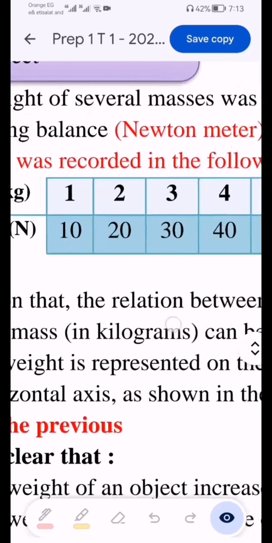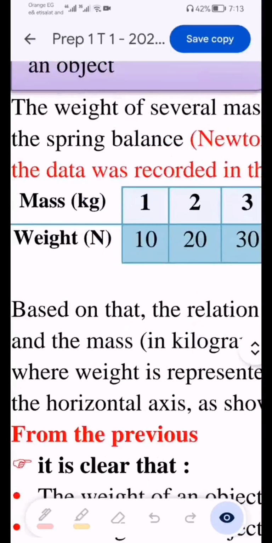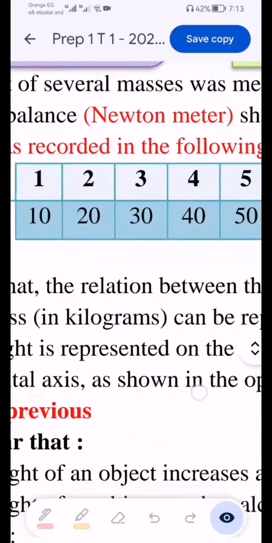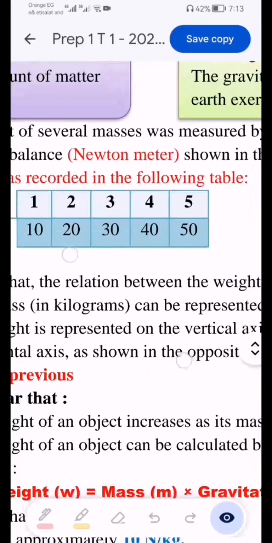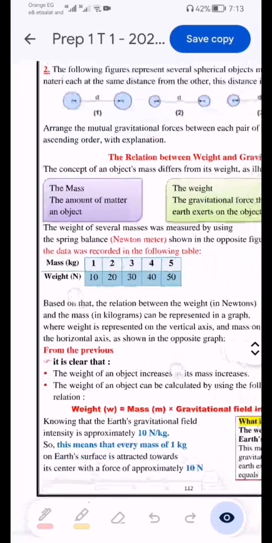And we have the second object, its mass equals 2 kilogram. So its weight will be what? 2 by 10 equals 20 Newton. And 3, its weight will be 30, and 4 kilogram, its weight will be 40, and 5 kilogram, its weight will be 50.